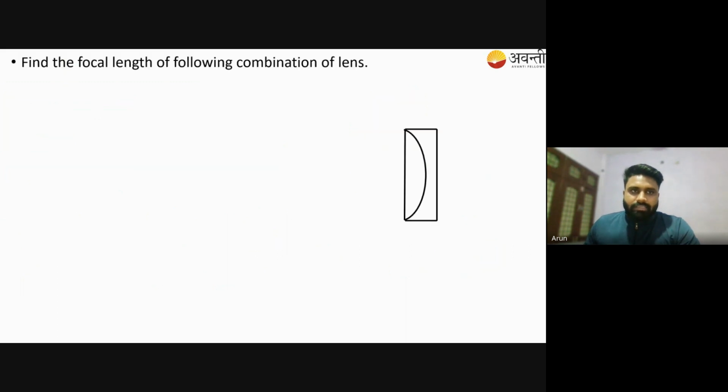Now, the next part is this. Suppose this has material mu1, this has material mu2, and this surface has a radius of curvature r1, and all the other surfaces are plane here except this.